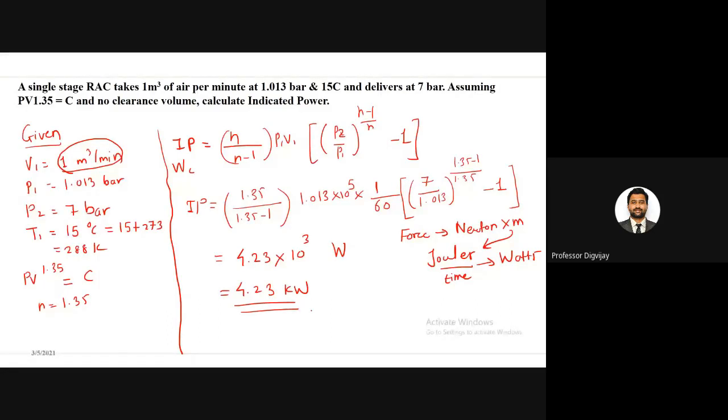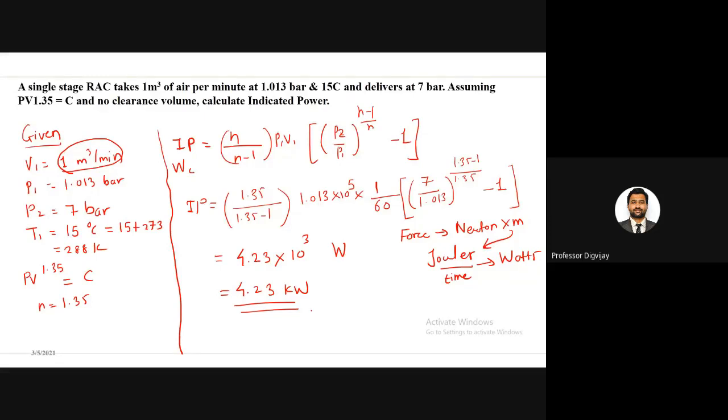So be attentive, try to understand the concepts and solve these numericals, and you will get the idea. This is again a very big field, reciprocating air compressors. Most industries require reciprocating air compressors, even companies having VMCs, CNCs, even our workshop.